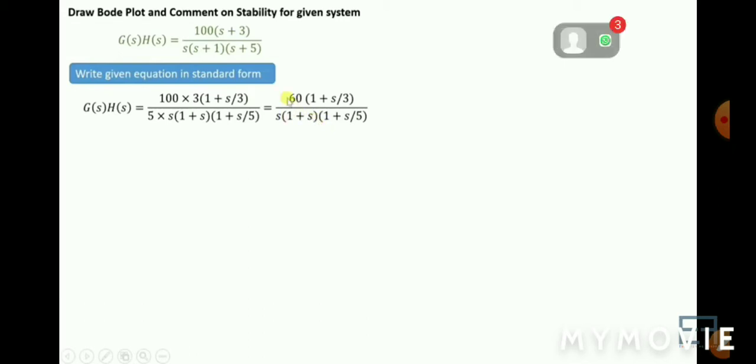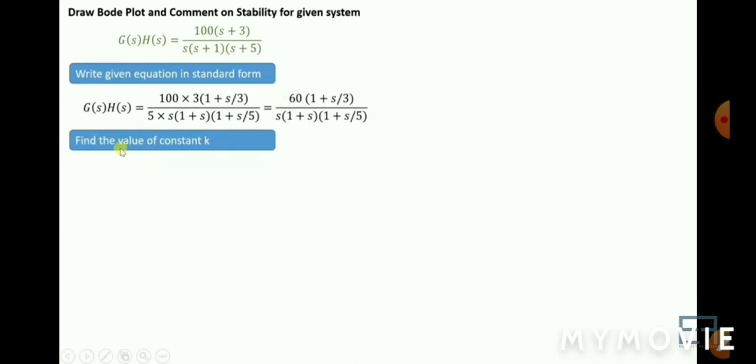After cancelling we get 60 into (1 plus s by 3) divided by s into (1 plus s) into (1 plus s by 5). So, this is the time constant form.